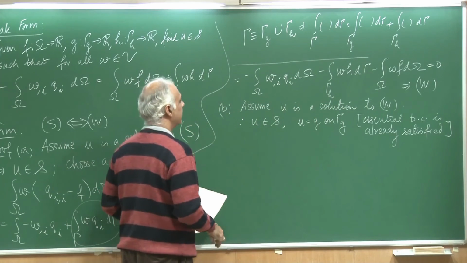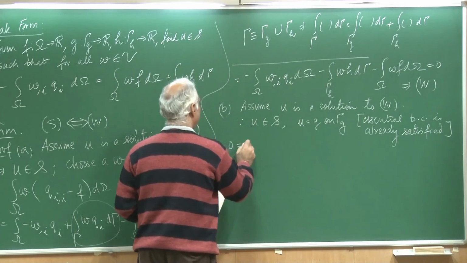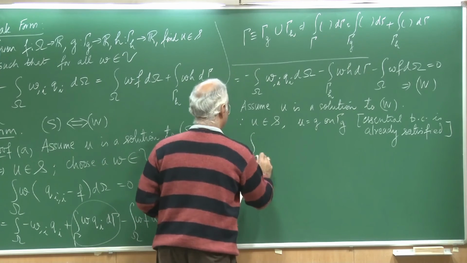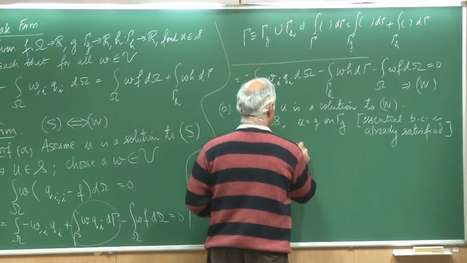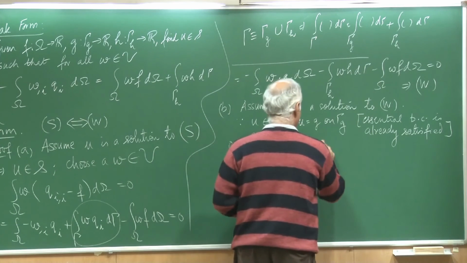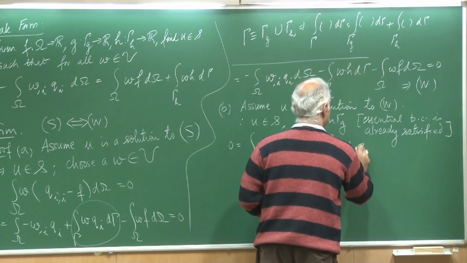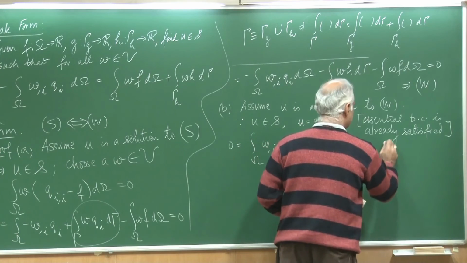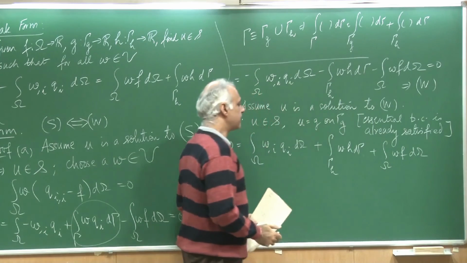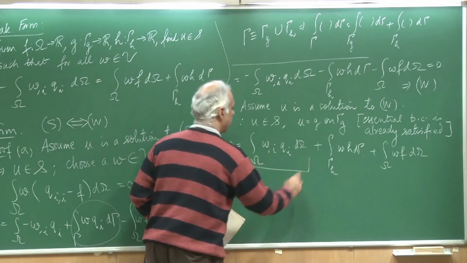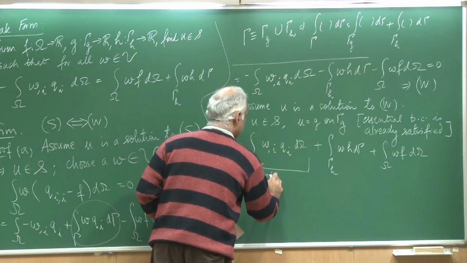Now I will take the weak form and integrate by parts again. So the weak form is the integral over omega of w comma i qi d omega, plus the integral over gamma h of w times h d gamma, plus the integral over omega of w times f d omega. This is my weak form. I am going to integrate this by parts once again.